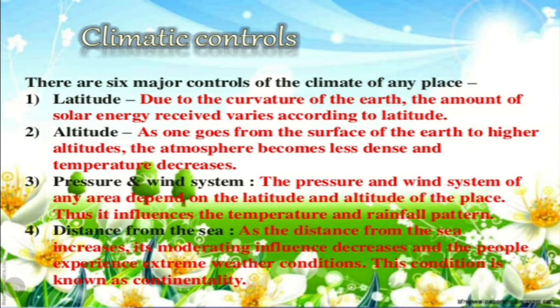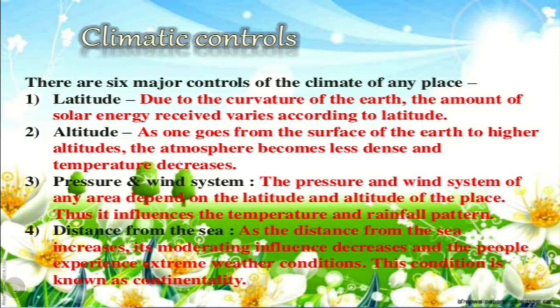First is latitude. Due to the curvature of the earth, the amount of solar energy received varies according to latitude, which means due to the movement of the earth, the solar energy received varies according to the latitude, and this will be explained clearly later on in the coming slides with the help of a diagram.